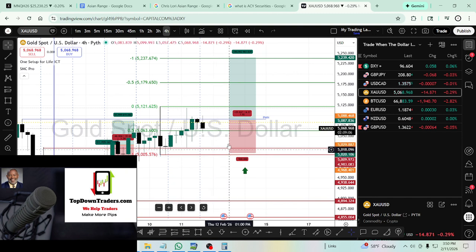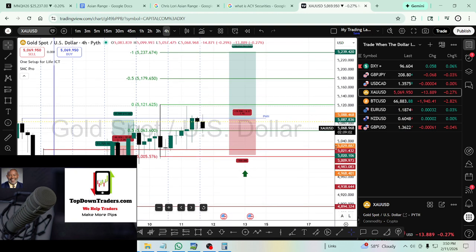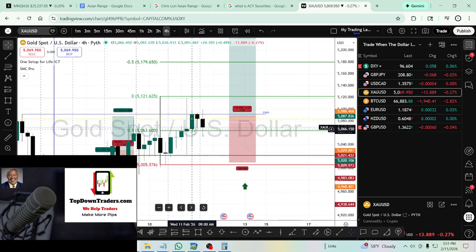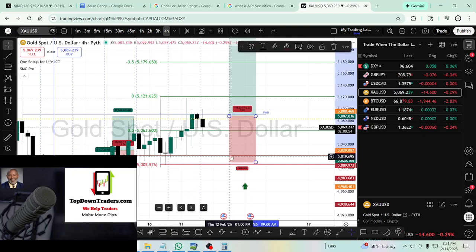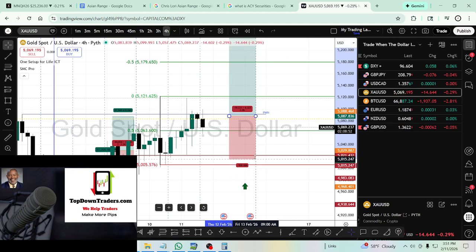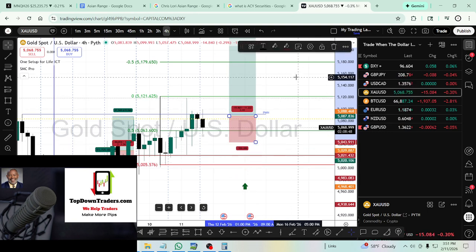I'm going to move this a little lower. No, this is a 4 hour, so I'm going to move it lower than that. In fact, put the stop a little higher behind this wick. So since this is 4 hours, and right about there, give me a better risk reward ratio.